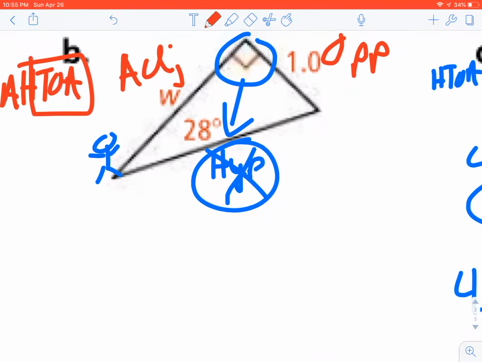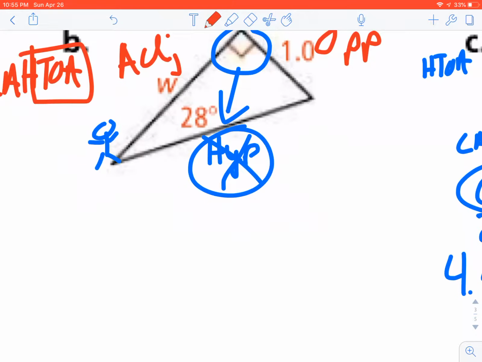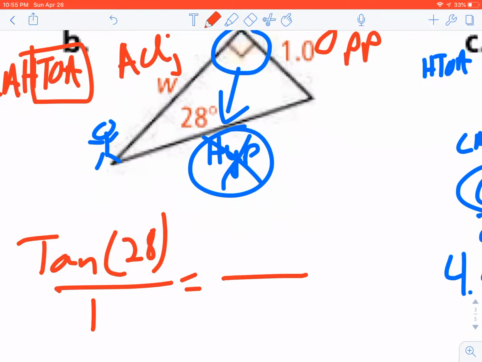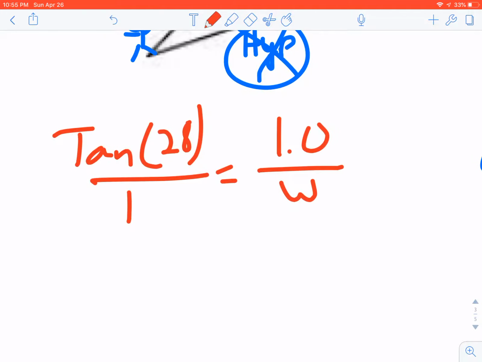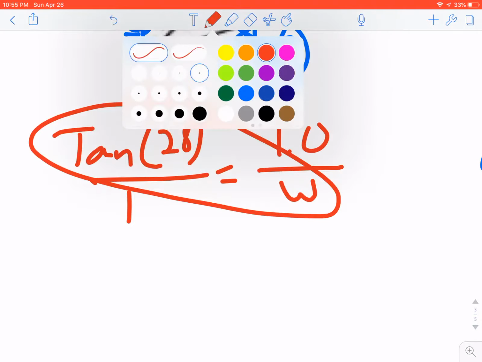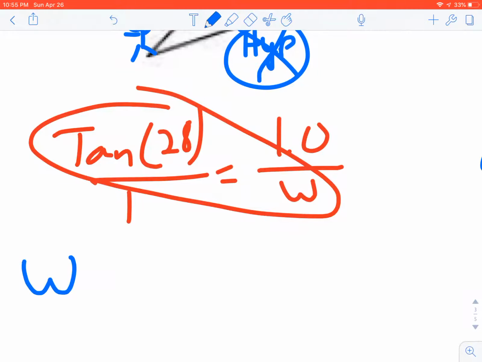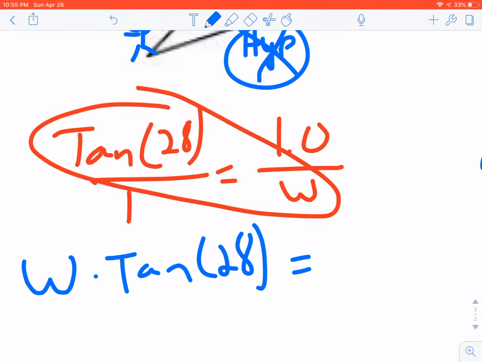So therefore the tangent function of 28 over 1 is equal to, it's spelled O then A, so the opposite is your numerator, the adjacent, or the W, is your denominator. Now when you cross multiply, you'll notice something different happens. When I cross multiply, I get W times the tangent of 28. 1 times 1 is 1.